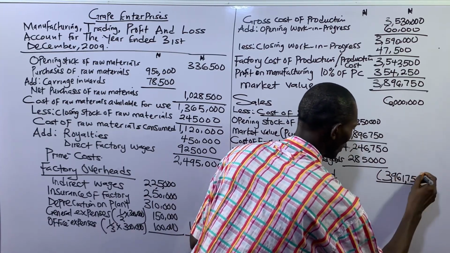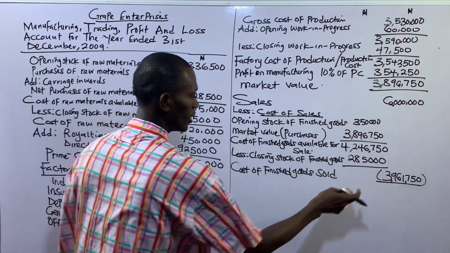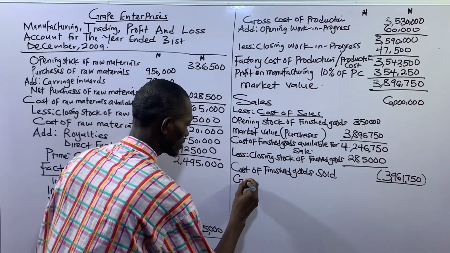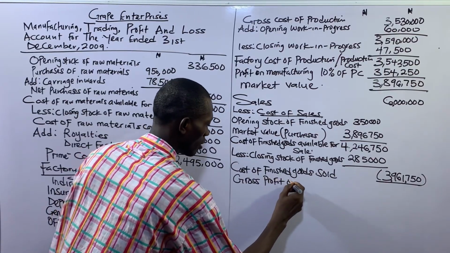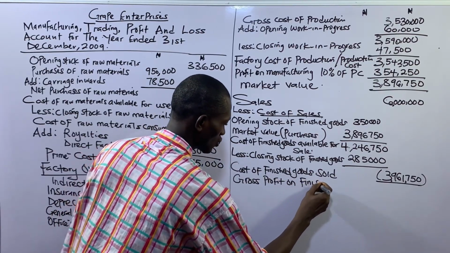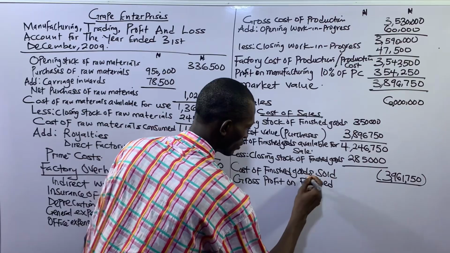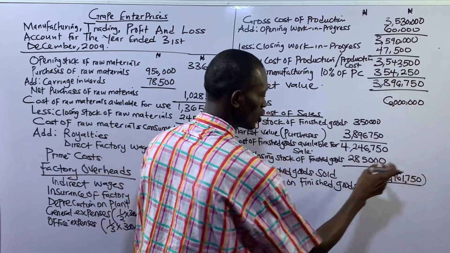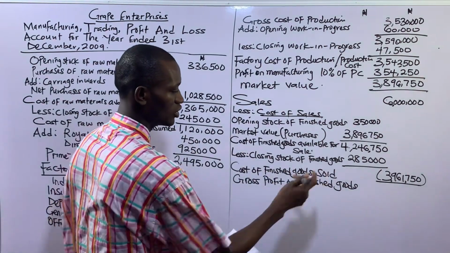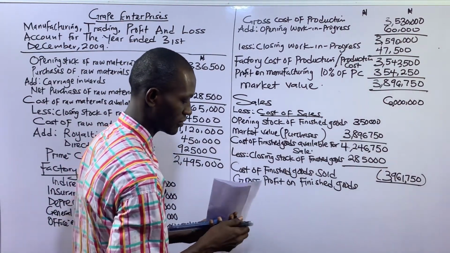So we are going to less it. Then when we less it, we get our gross profits. So gross profit on finished goods. So sales minus cost of finished goods sold will give us gross profits.